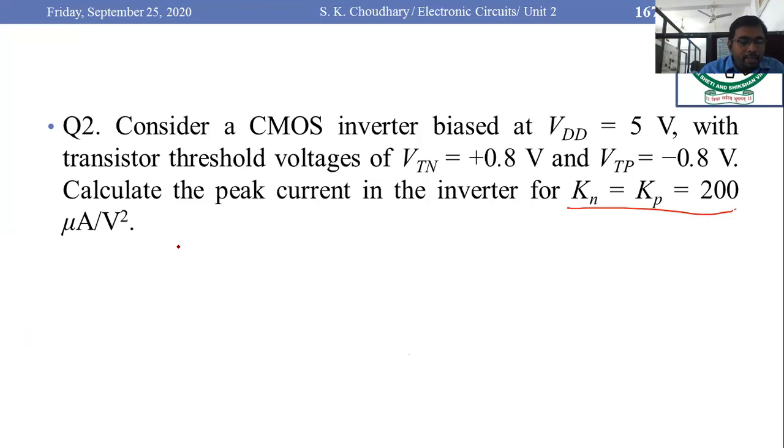So what is the equation for the peak value of the current? It is only possible when NMOS is biased in the saturation region, and when NMOS is biased in the saturation region, your PMOS transistor source to drain voltage would adjust itself in such a way that IDP is equal to IDN.